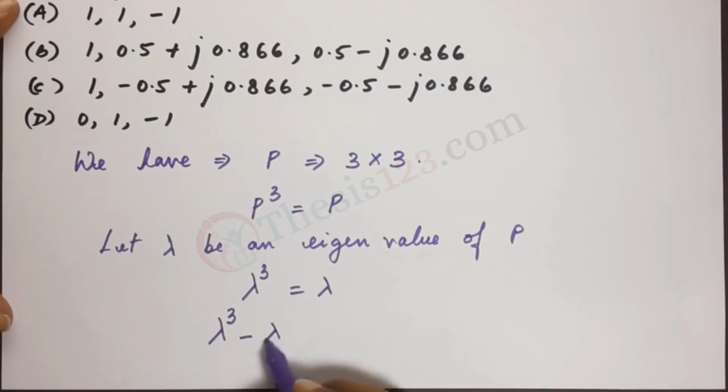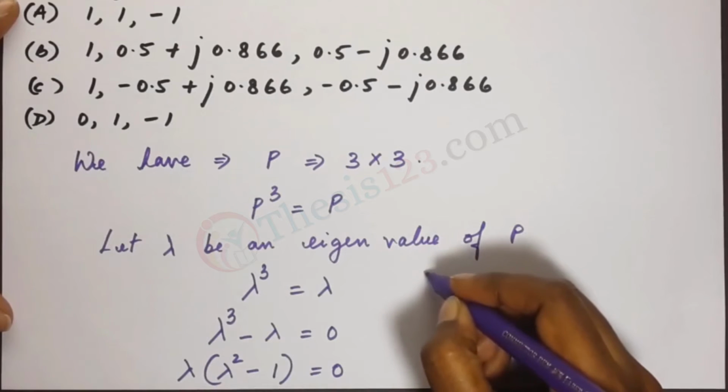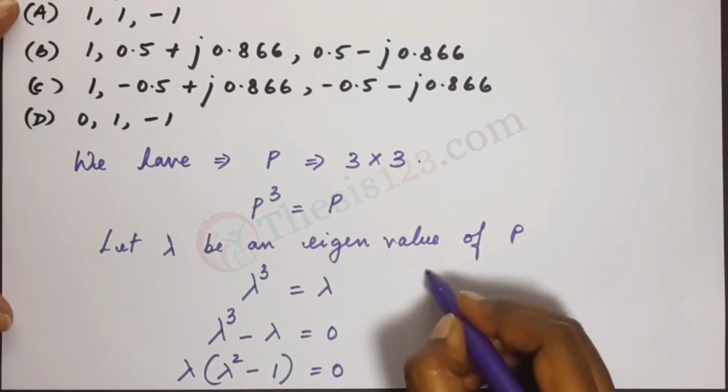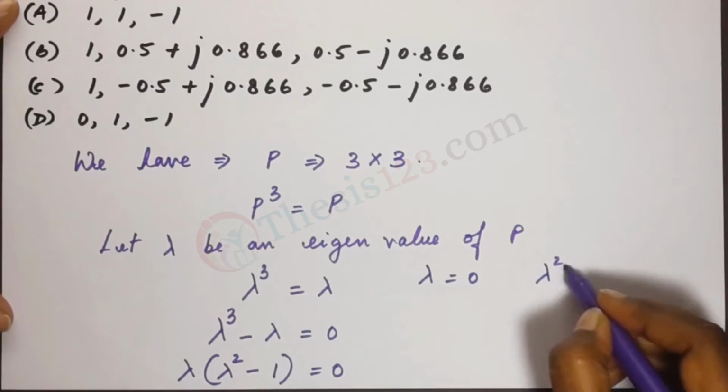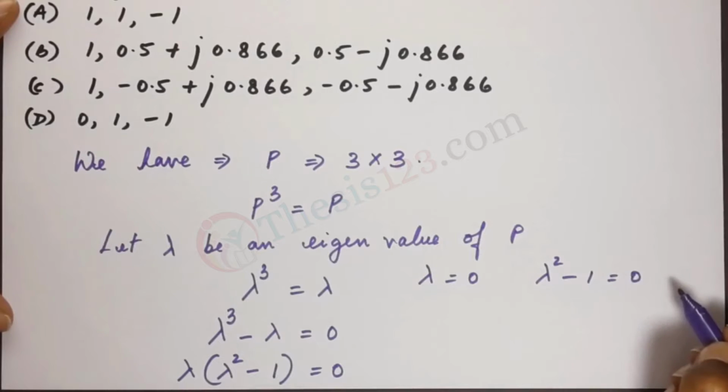Lambda cube minus lambda is equal to 0. Take lambda common, we get lambda times (lambda square minus 1) is equal to 0. So if we were to solve this and find its roots, we get lambda is equal to 0 and lambda square minus 1 is equal to 0.